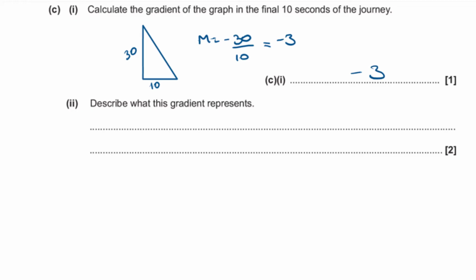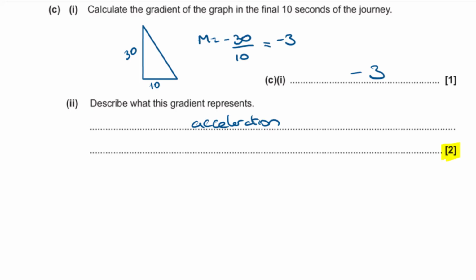Part 2 says describe what the gradient represents. Okay, well, the gradient of a speed time graph is the rate of change of speed with respect to time. And the word we use for the rate of change of speed is acceleration. So 2 marks though.